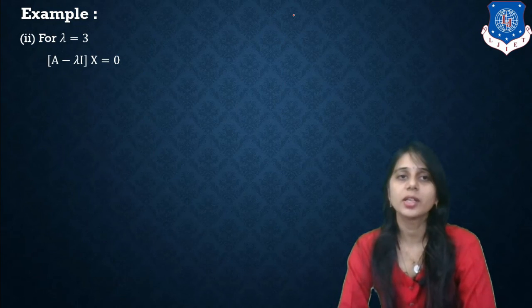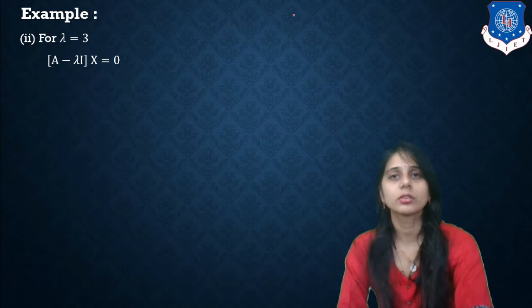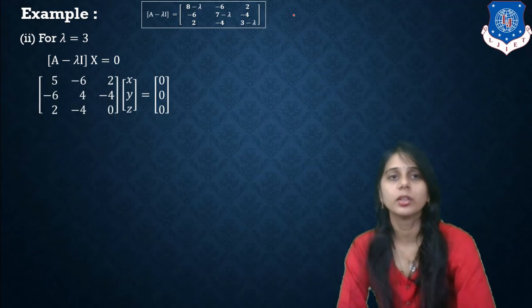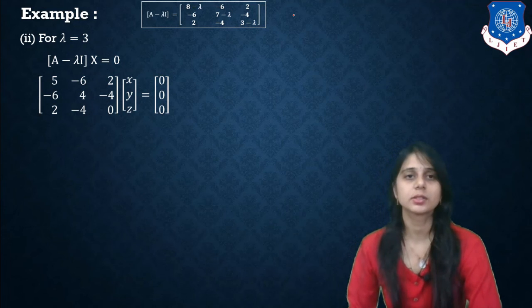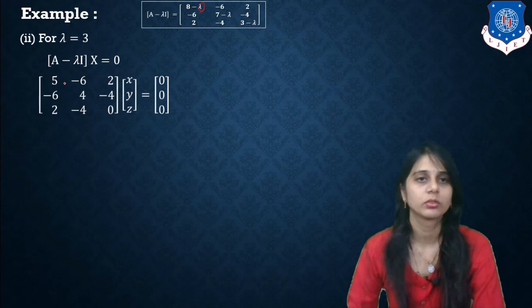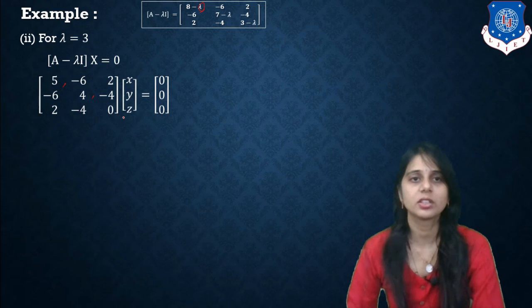Corresponding value. Now we have to find for lambda equal to 3. Taking A minus lambda I times X equal to 0 in the matrix or characteristic equation, we put lambda equal to 3. We get 5, minus 6, 2. See, it is 8 minus 3, it is 5; 7 minus 3, it is 4; and 3 minus 3, it is 0.